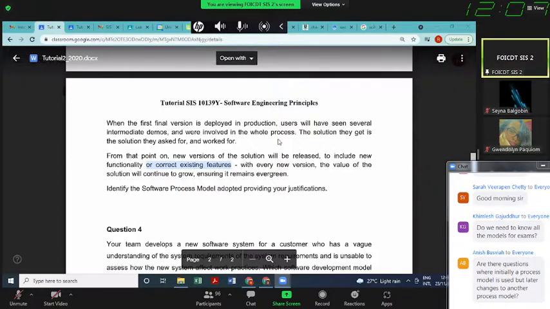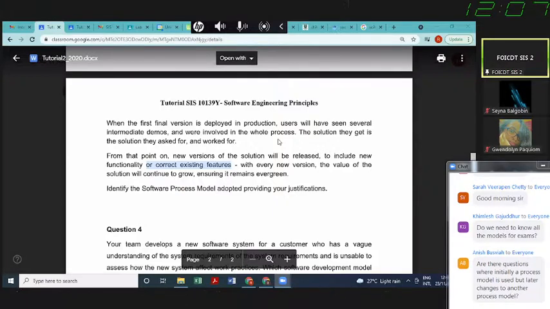Not really recommended, because that's why at the very beginning you have to choose a process model, and you don't normally change to another process model. You cannot do this. So at the start of the project, you identify your methodology, which is going to be your process model, and you stick to this. Is that okay, Anish? Okay.